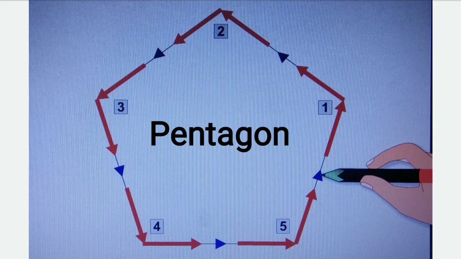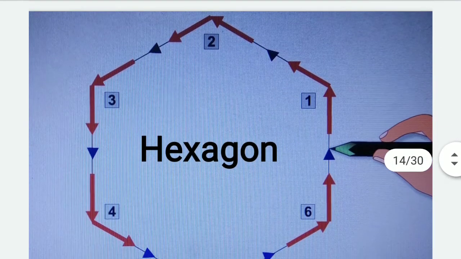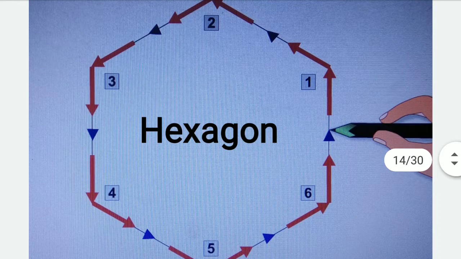If you observe the path of the tracing pencil, you can find out there are 5 changes in direction. The direction is changing at the 5 angles while tracing the complete path. Now repeat the action for this figure. This is a hexagon.